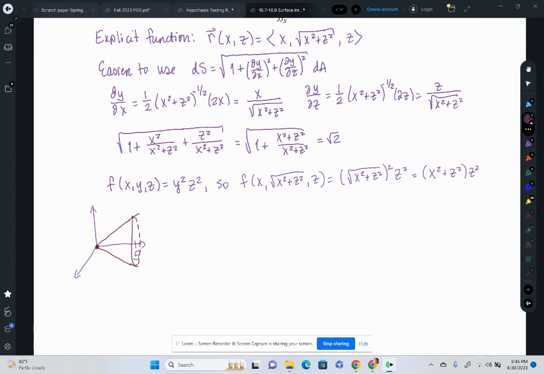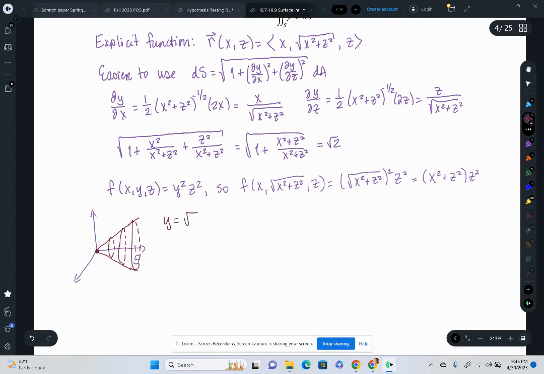So y is just going from 0 to 5. But for all levels of y, we have different size circles. Okay? So we could think of y as like a radius, right? Because we have y is equal to the square root of x squared plus z squared, and y squared is equal to x squared plus z squared. And we are told that y goes between 0 and 5.